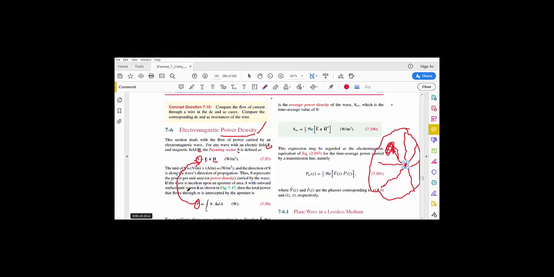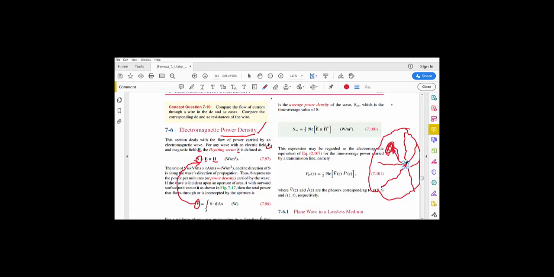We could then integrate the power density over the area of the space surrounding the radiator or the transmitter, and calculate how much power is radiated from this transmitter, but on the condition that the radiation is isotropic.